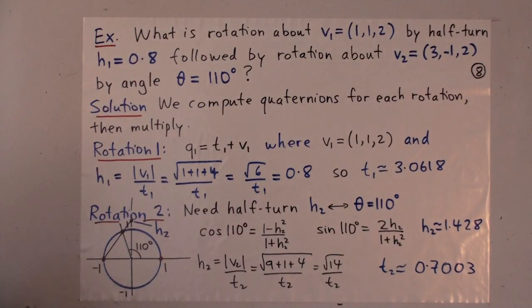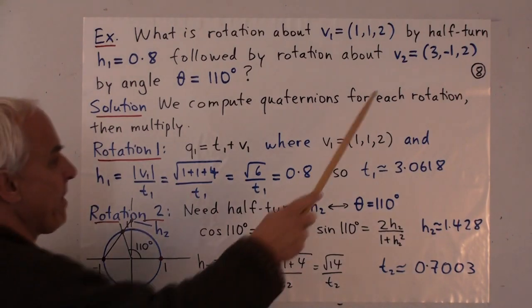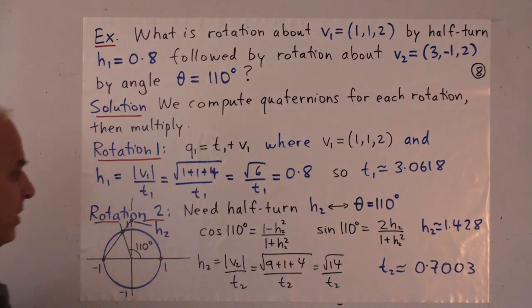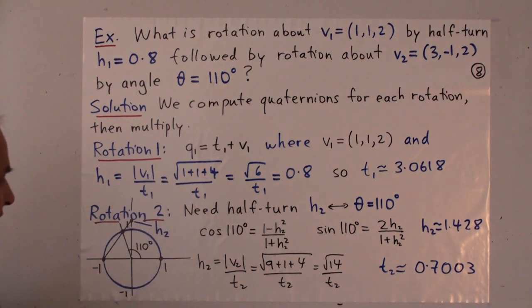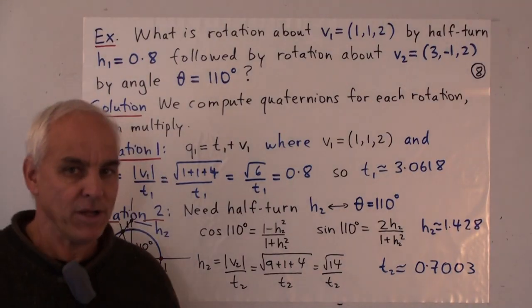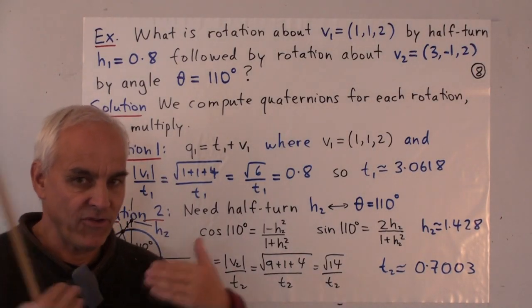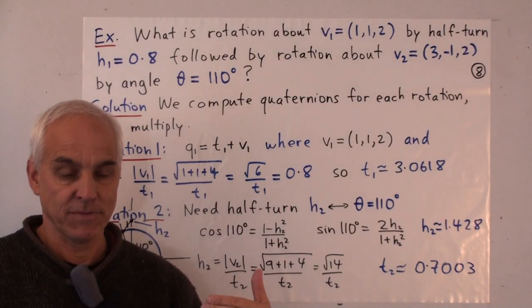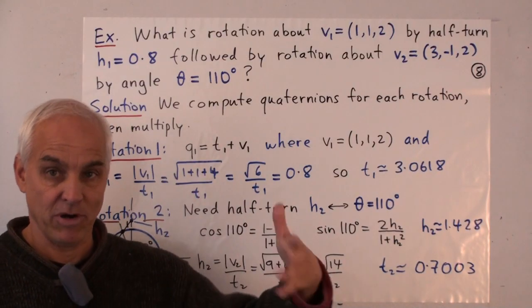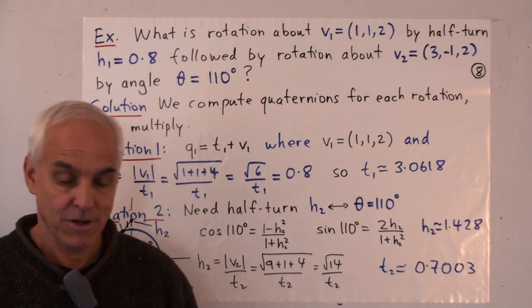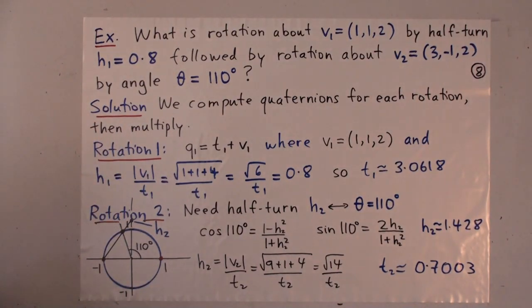Okay, let's have a look at the second rotation. That's a rotation about 3, minus 1, 2. Okay, but the angle is 110 degrees. Well, we don't want to use angles because our whole setup is geared towards half turns. So we have to convert the angle to a half turn to make the algebra work out nicely. So how do we do that? Well, here's a picture of the unit circle.